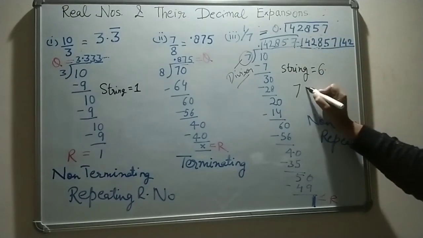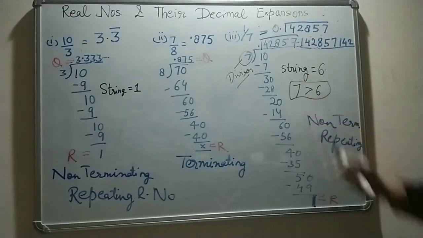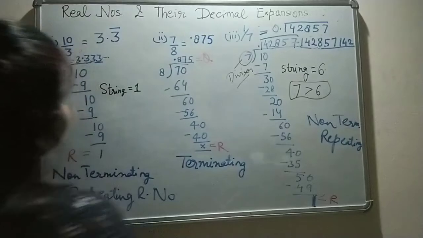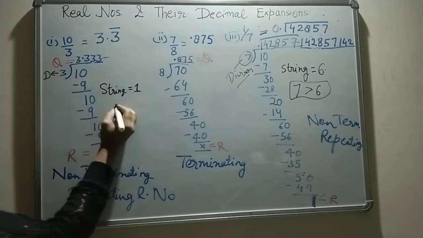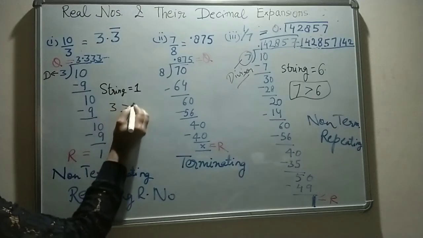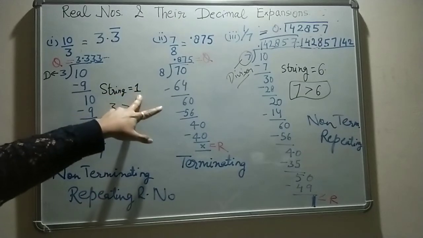So 7 is greater than 6. And over here you can also see 3 is the divisor, and the divisor 3 is greater than 1. So remember that the divisor is always greater than the number of digits in the string.